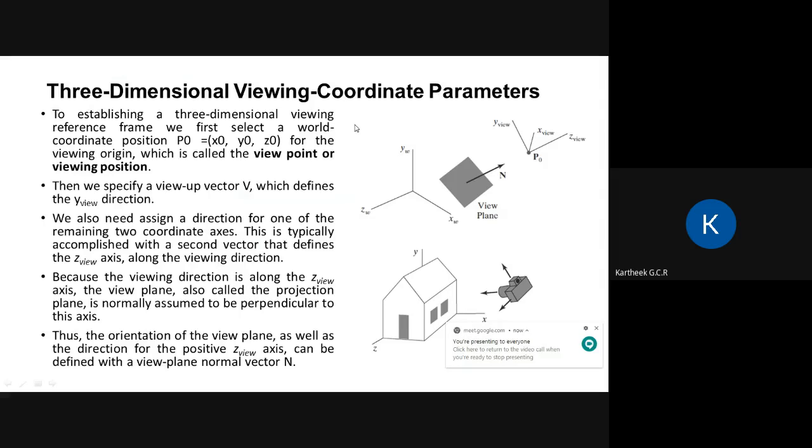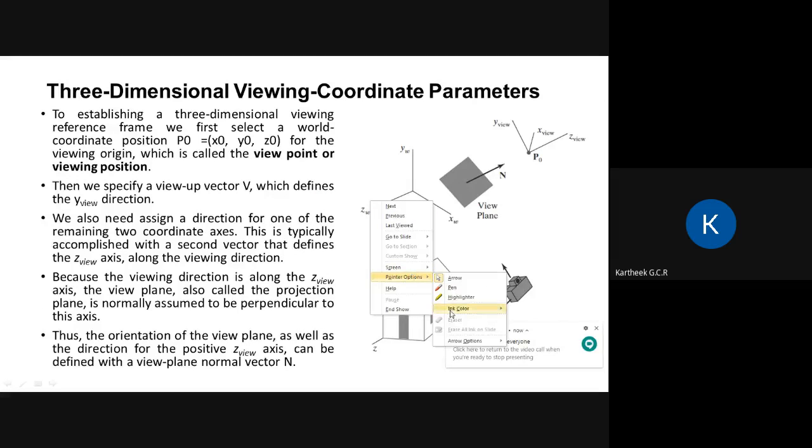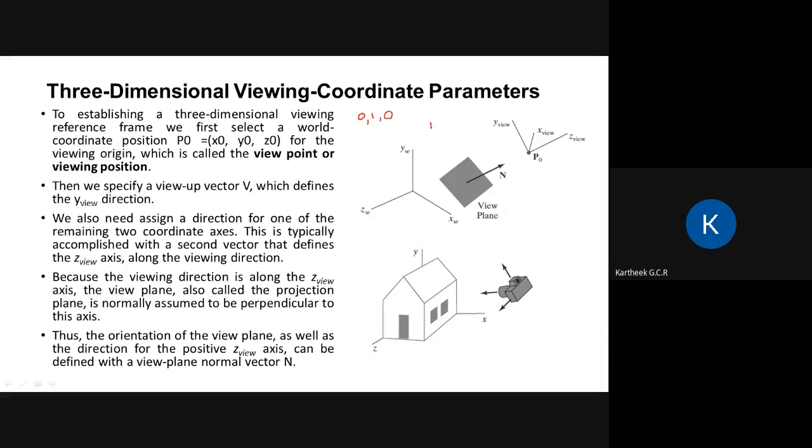In gluLookAt, consider there is a flag kind of a thing, and this flag, or the vector, is pointing towards Y. So this is the up direction of the camera, the orientation of the camera.